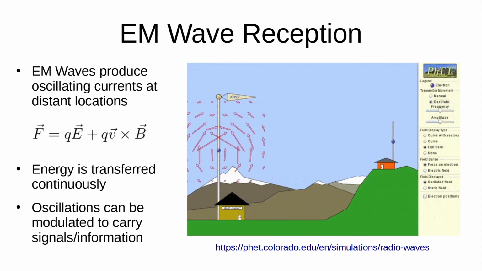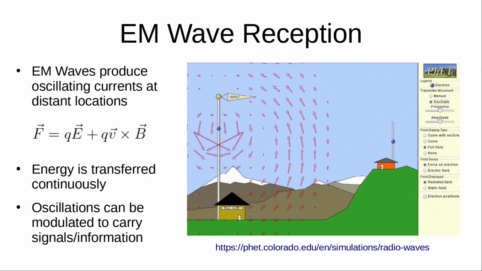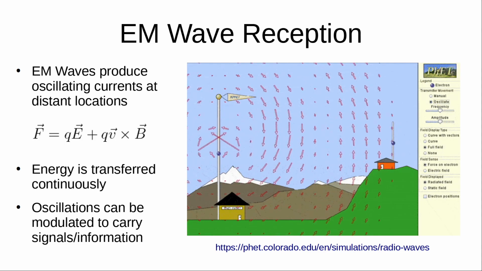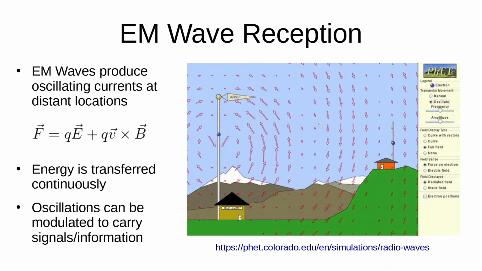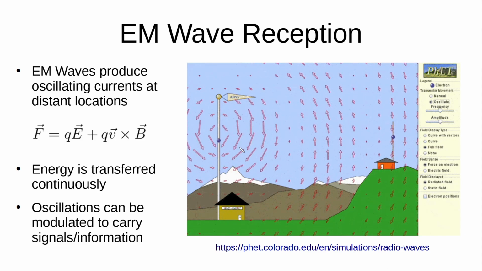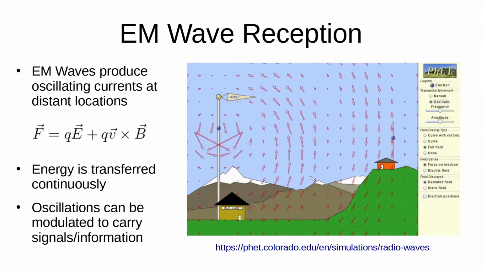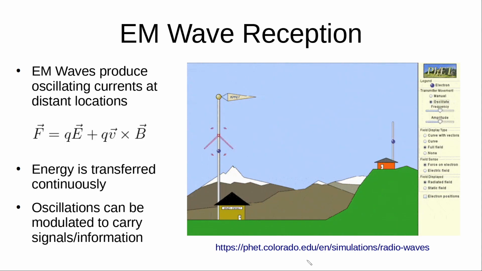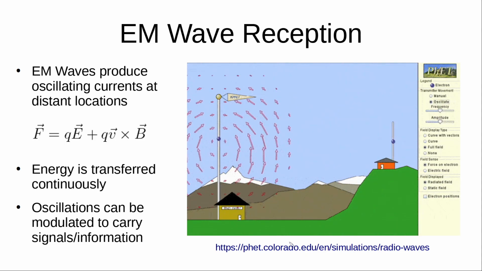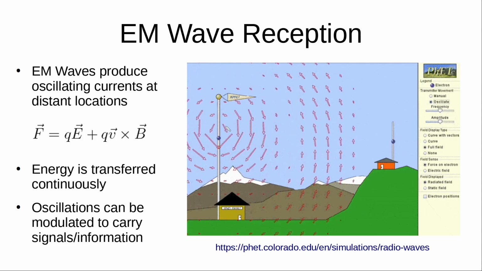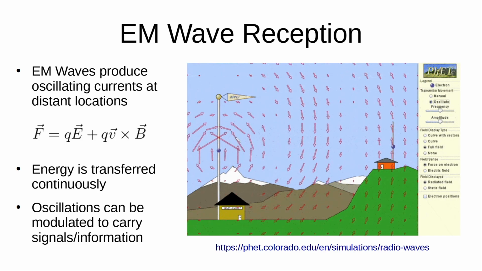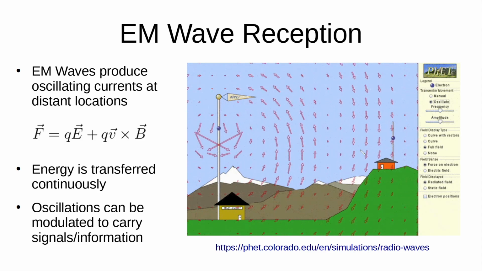So we can transmit electromagnetic waves, but these electromagnetic waves are just oscillations in electric and magnetic fields in space, and fields aren't really real. They're just a way of visualizing the forces that particles exert on each other.